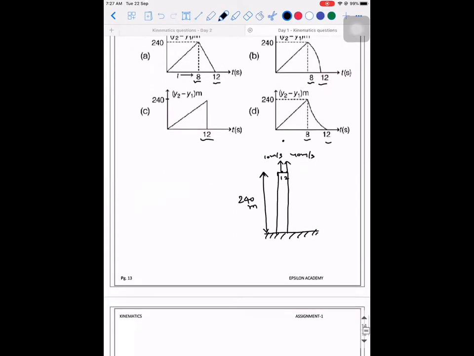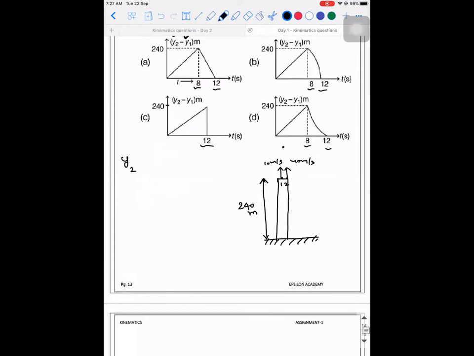For the upward journey, can I write the displacement of the second particle, applying s = ut + half at square in the upward direction. So y2 will be equal to, what is u? Initial velocity is 40t plus half into, again I'm taking downward direction to be negative.